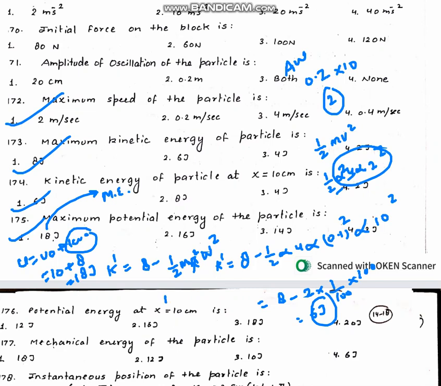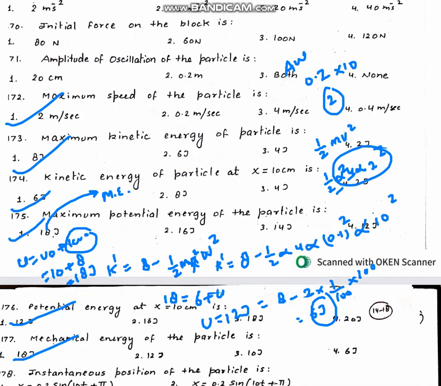So we can say that 18 is equal to kinetic energy at x is equal to 10, which is 6, plus potential energy. So potential energy will be 12 joule here. So first is correct. Next is mechanical energy of the particle. It's equal to the maximum potential energy. So first is correct over here.